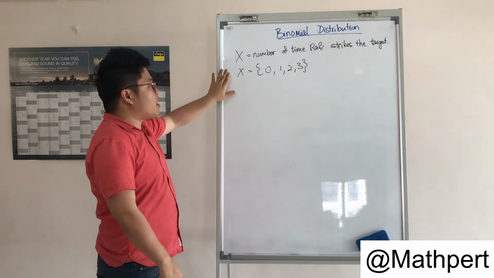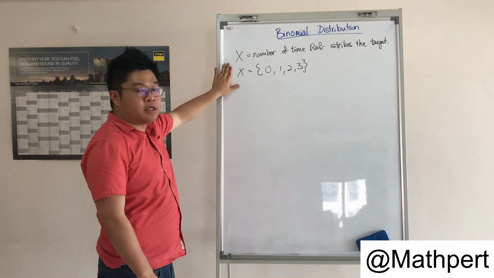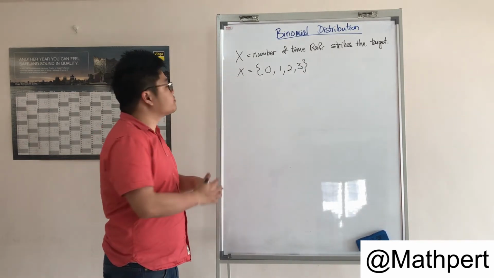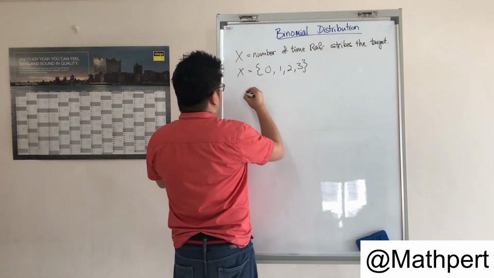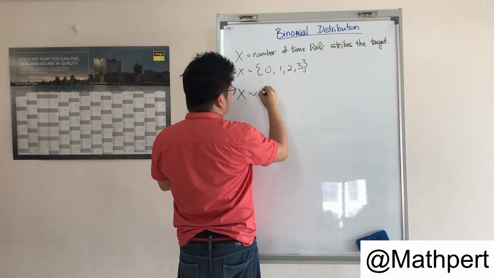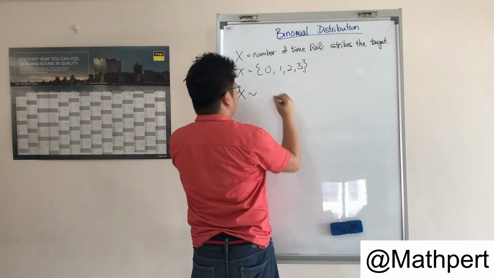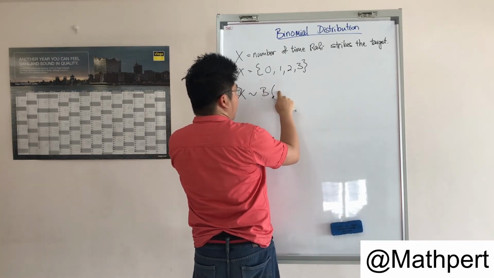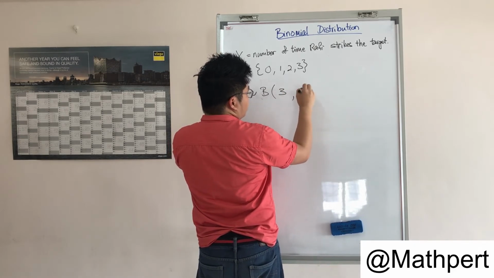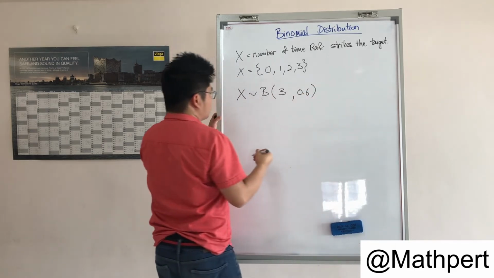For the second part of the question, we are asked to find the probability of occurrence for each of the elements in X. So, we can denote the binomial distribution for this question as B(3, 0.6): 3 trials, and the probability of success in hitting the target is 0.6.